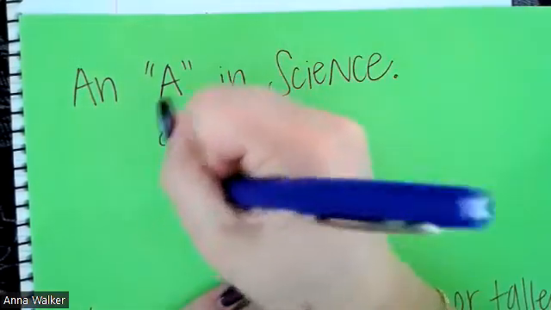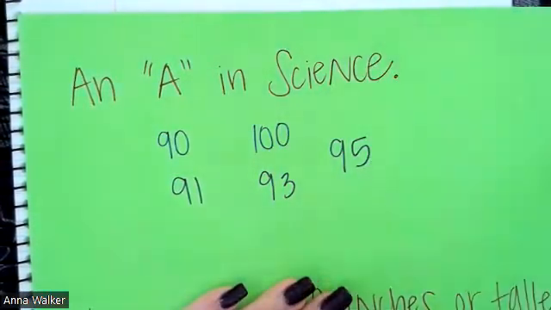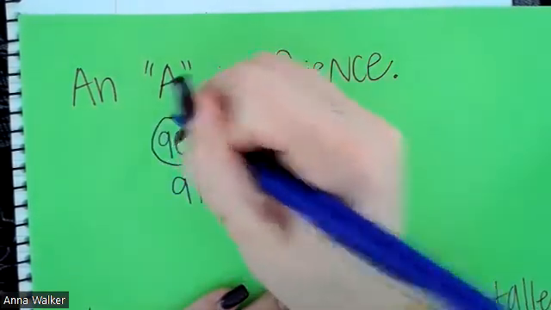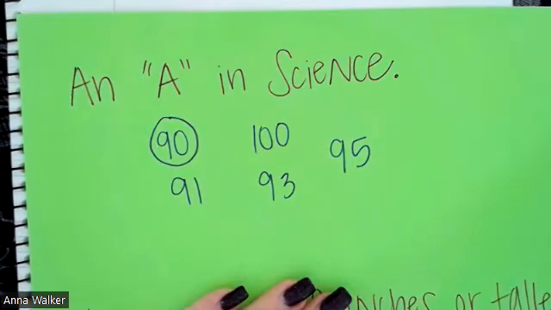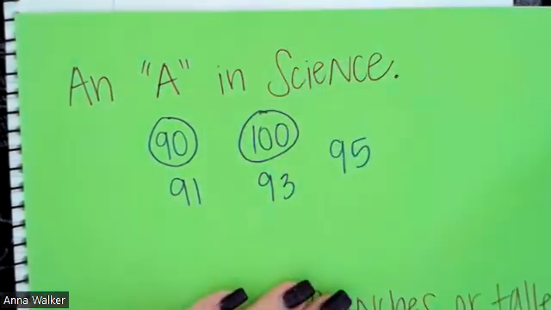Someone else could say a 91. Someone could say a 93. Someone could say a 95, and so forth, right? The minimum grade you need to get an A would be a 90. And then it would have to continue all the way until 100, right?